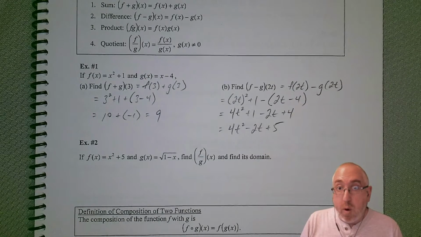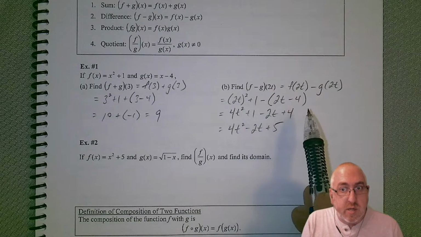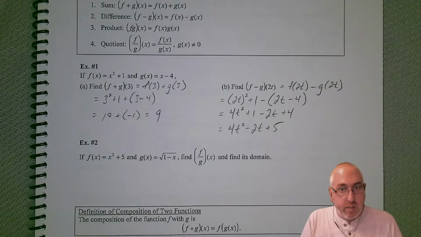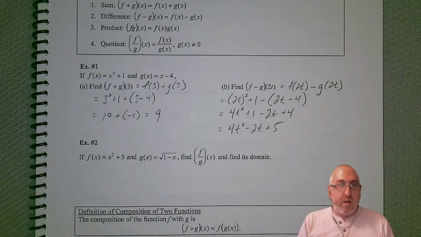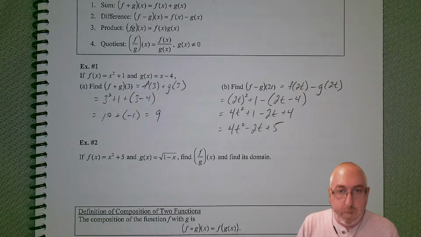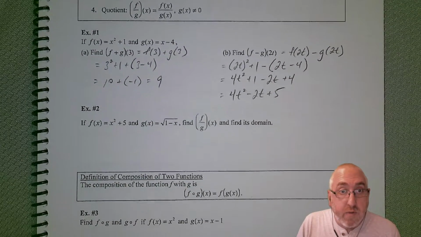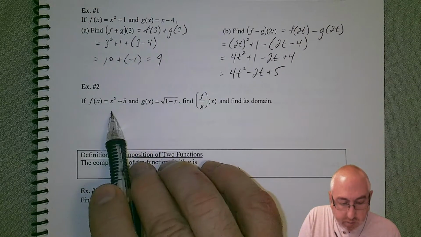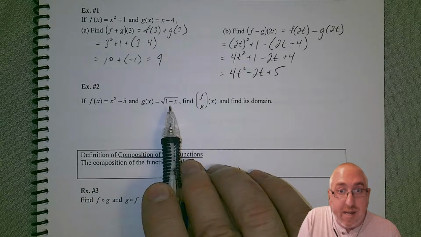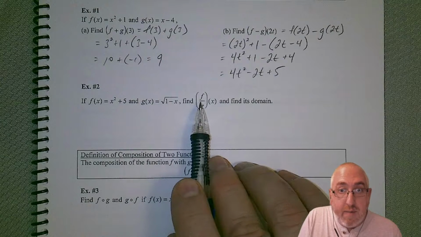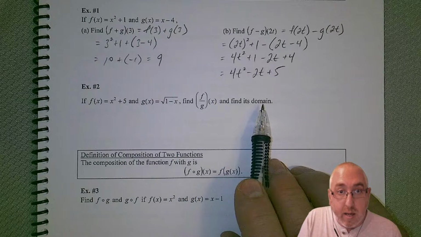All right, so again, just being really careful and deliberate with those parentheses is going to be beneficial when you're doing these types of combinations and combining different functions. So, all right, last one here. We have two new functions for f and g. So we have f of x is x squared plus 5, g of x is the square root of 1 minus x. Find f over g of x and find its domain.